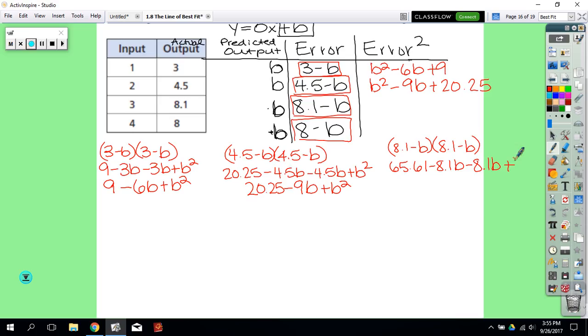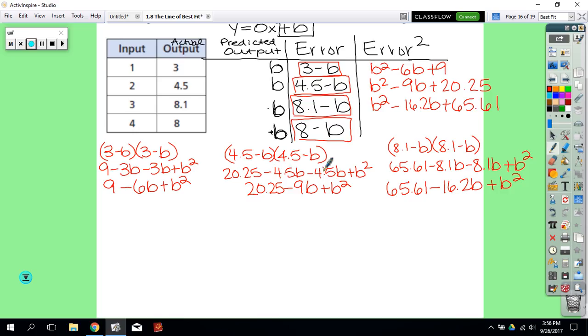Negative b times negative b is positive b squared. Combine your like terms, negative 16.2b plus b squared, bring down the 65.61. And then up here I'm going to reverse. So b squared minus 16.2b plus 65.61.